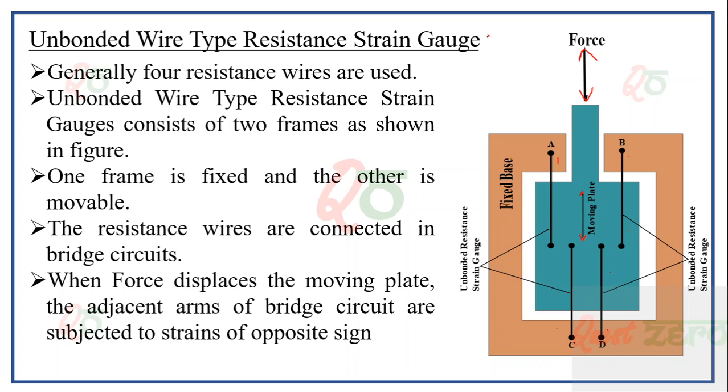So it will give you a value which will be constant. So when there is a change, then there is some amount of voltage being generated, and the measure of this voltage will give you the measure of deformation or the displacement the moving plate has undergone.